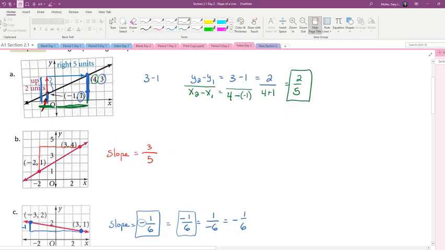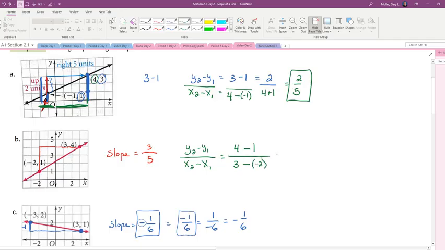which is the same answer we had before I erased it. We went up 2 and over 5. So on this one, we could do the same thing, y2 minus y1, the vertical change over x2 minus x1. That'll give you the horizontal change. And so I've got the point up here at 4 minus the y value of 1 over the x value of 3 minus the x value of negative 2.